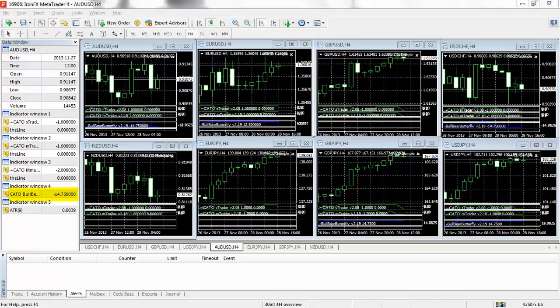The bull bear butterfly indicator itself can go down to -14.75, which is fully bear, or +14.75, which is fully bull. And typically, if you're trading trends anyway, you want to trade when the indicator is above 6 or 6.5 bullish, or below 6 or 6.5 bearish.